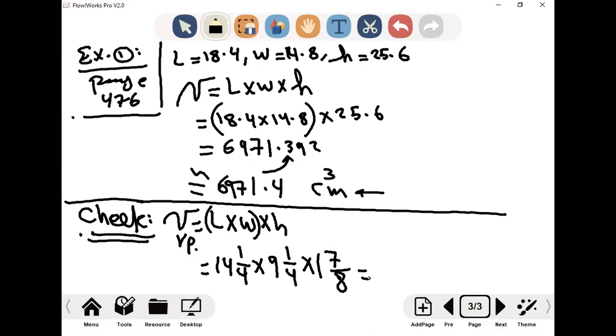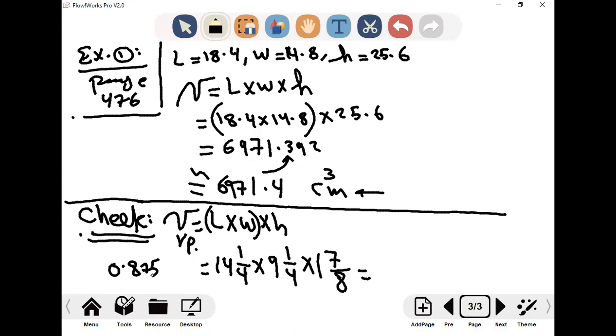I taught you how to multiply mixed numbers, so use your hand. This is for grade 6. Let's calculate 7 over 8. It is 0.875.